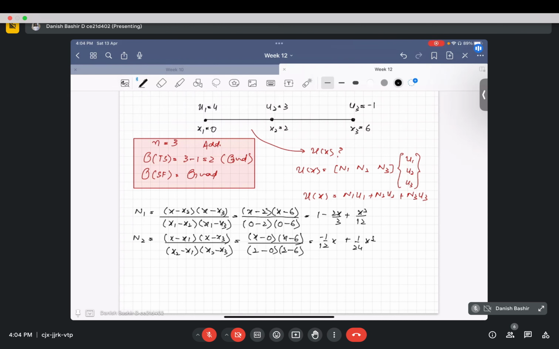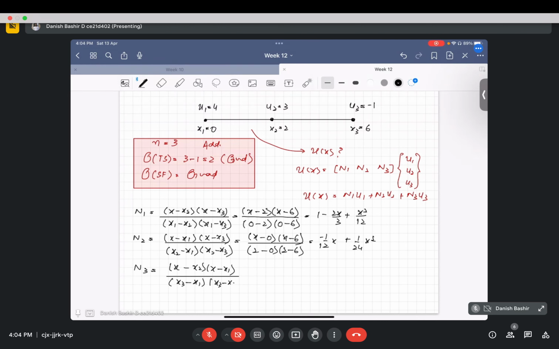Now directly I will be writing N3. N3 is very simple. N3 is x minus x1 times x minus x2, because i is equal to 3 now, and the denominator will contain x3 minus x1, x3 minus x2.